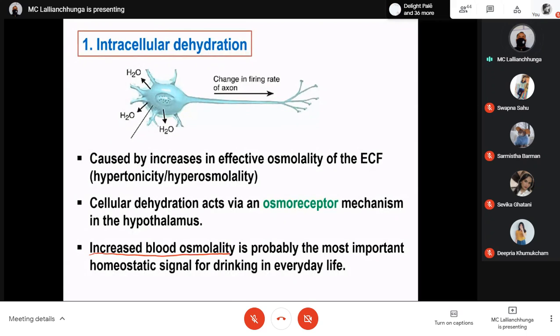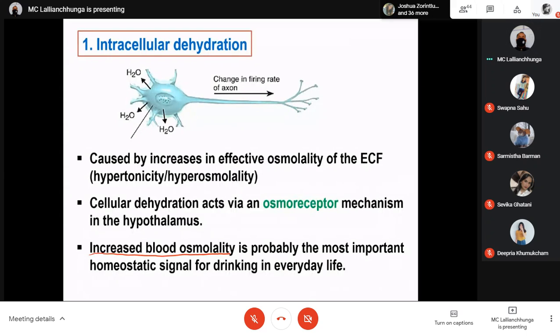Why do we have a desire to drink water? The most important reason is that there is an increase in blood osmolarity or osmolality, the osmotically active substances are increased in concentration. That is why we have a desire to drink water.